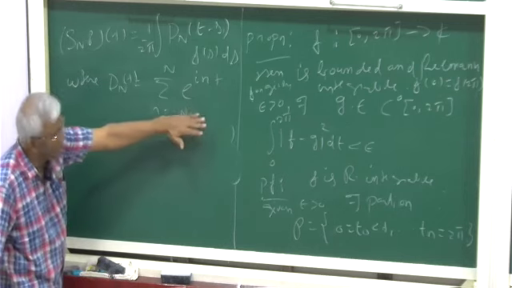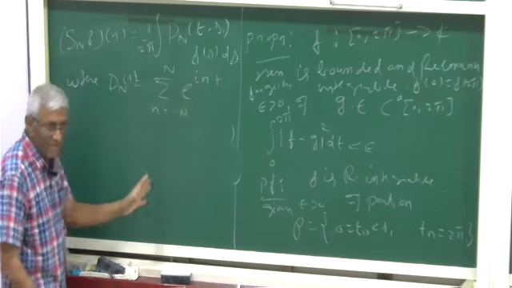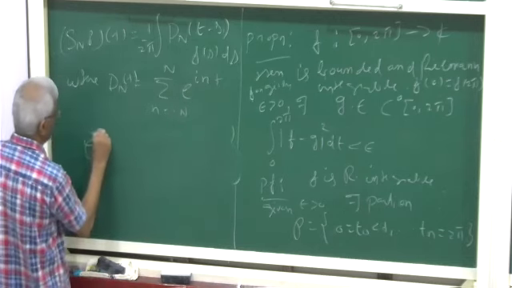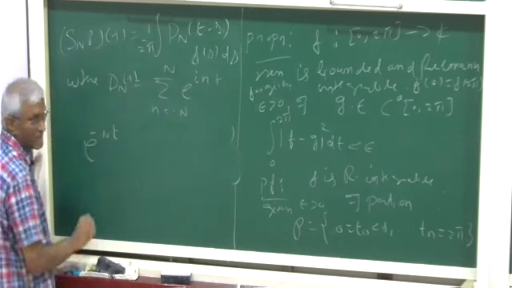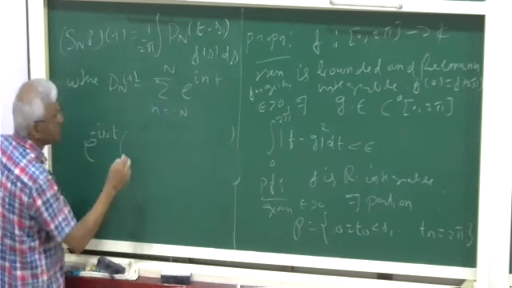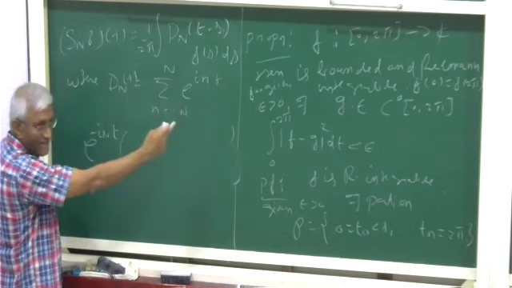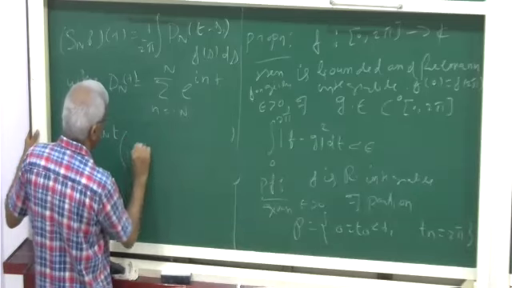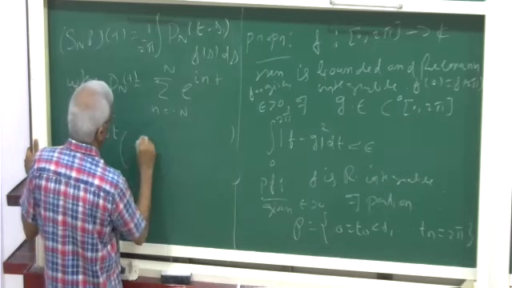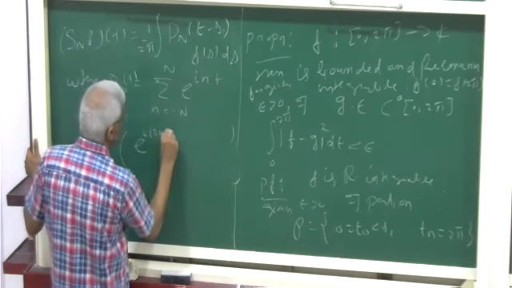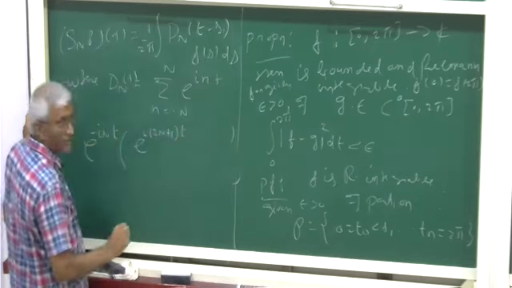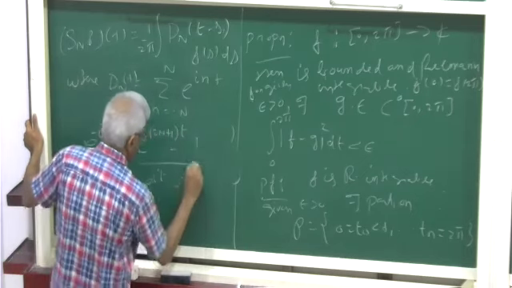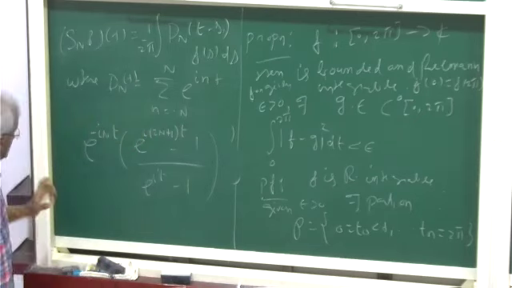D_n(t) is this. We just compute this, which is a geometric series. The first term is e^{-int}, and the ratio is e^{it}. So it is e^{i(2n+1)t} minus 1, divided by e^{it} minus 1. This is correct.